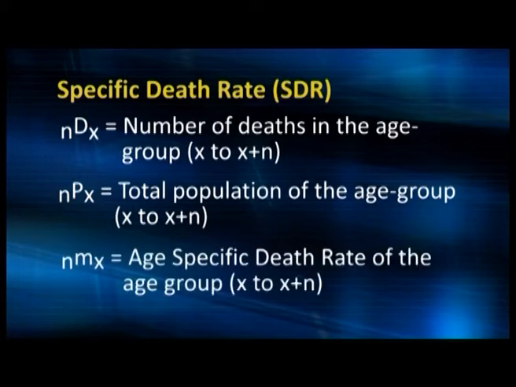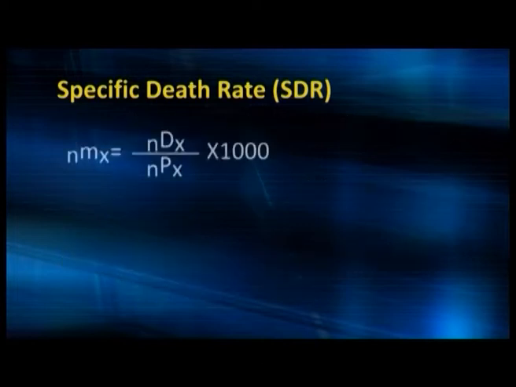Then the age-specific death rate for the age group x to x plus n is denoted by nMx and is calculated as the number of deaths in the age group x to x plus n, divided by the total population of the age group x to x plus n, into 1000.